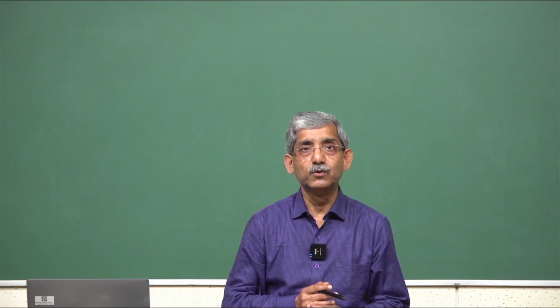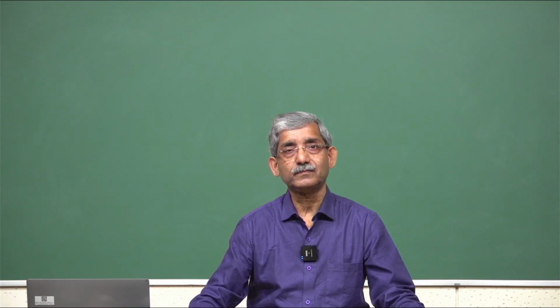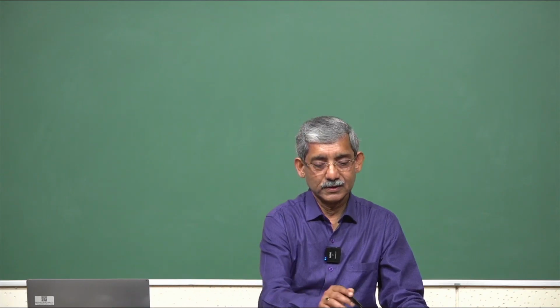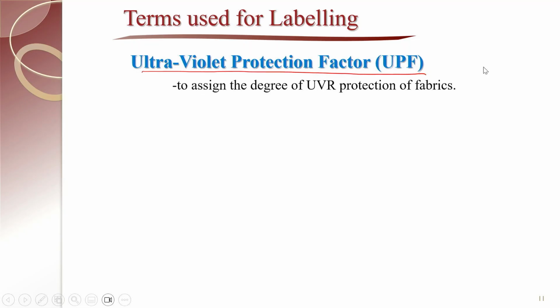Now, we will discuss the different terms which are used for labeling the UV ray. Ultraviolet protection factor, UPF. What is that? It is to assign the degree of UV ray protection of fabrics. That is, how much UV radiation protection a fabric can provide, and that is expressed by UPF.